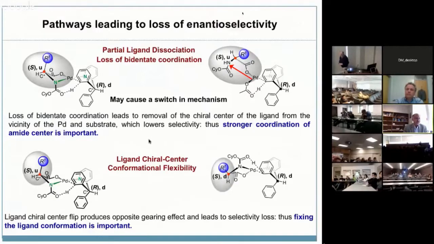Second is, as I mentioned, the ligand chiral center conformational flexibility. Based on this analysis, we predicted that fixing the ligand conformation is an important factor for the development of highly selective reaction design.